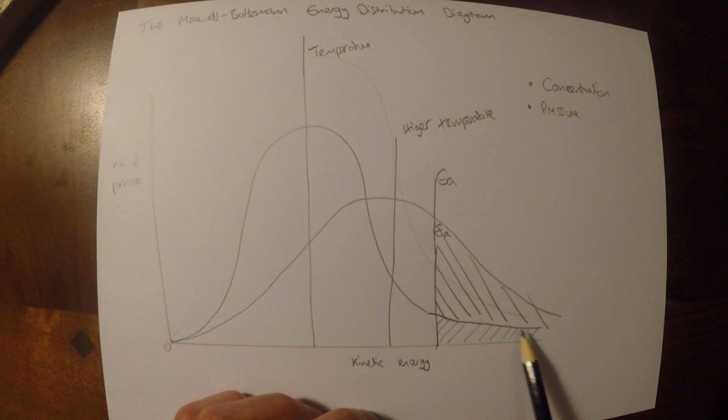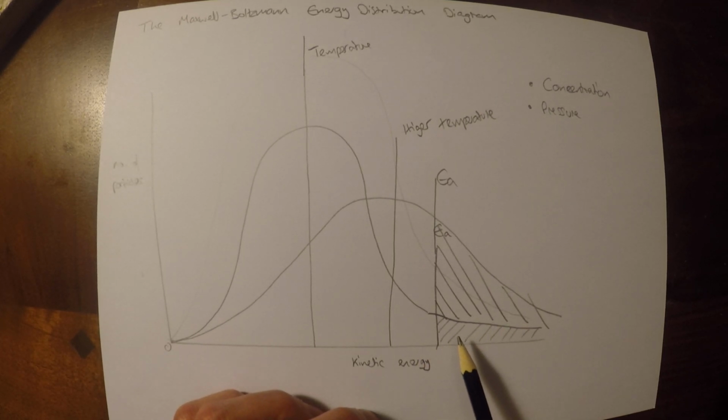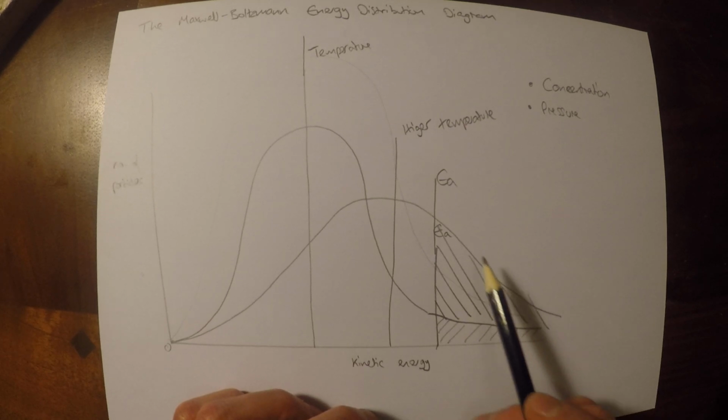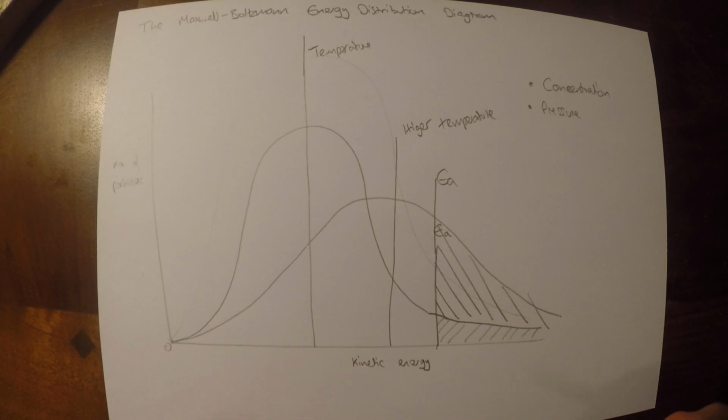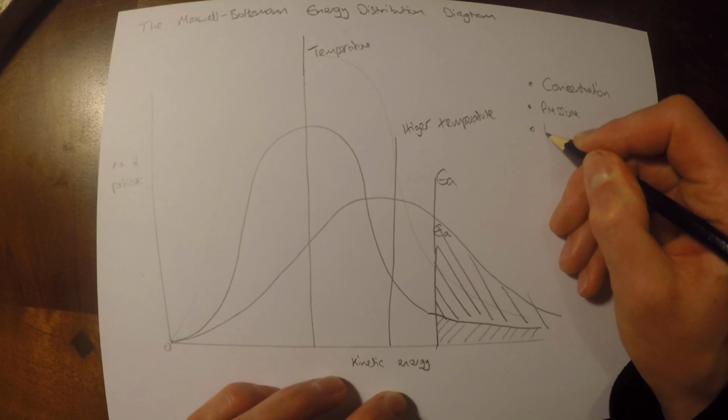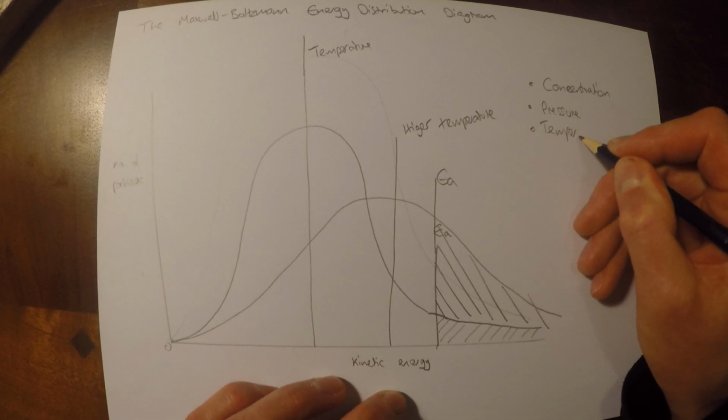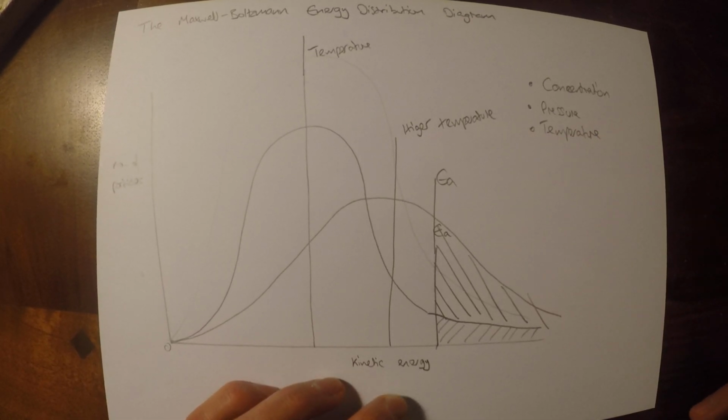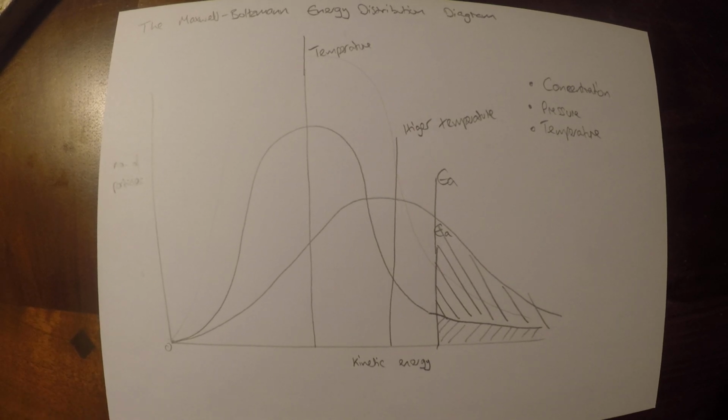Whereas originally we had maybe 10% of the particles capable of reacting, we now have perhaps 30% of the particles capable of reacting, and therefore the reaction will happen much, much quicker. So you must be able to represent the effect of temperature on the rate of reaction using the Maxwell-Boltzmann energy distribution diagram.